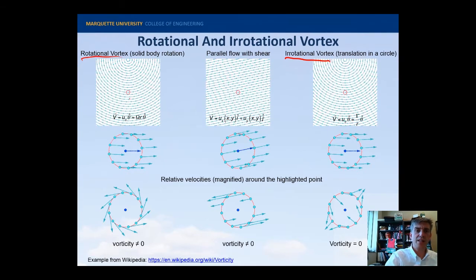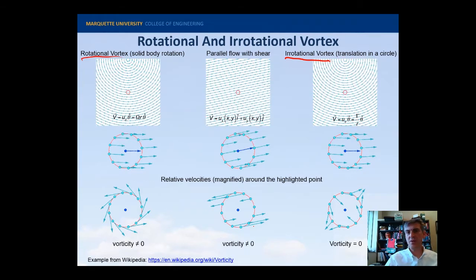If we just took the flow field away, this particle would tend to rotate from the inertia imparted to it. Likewise, the particle from the parallel flow with shear would also tend to rotate because it has a positive velocity towards the bottom of the particle and a negative velocity towards the top, so the result would be some rotation, or vorticity.